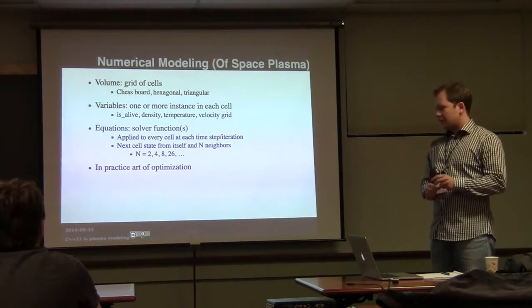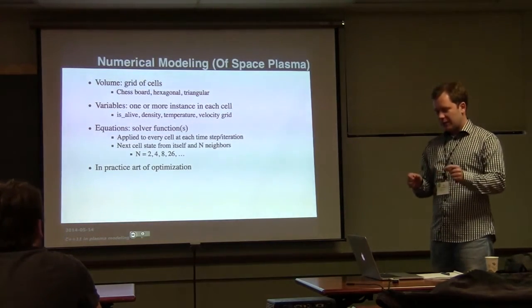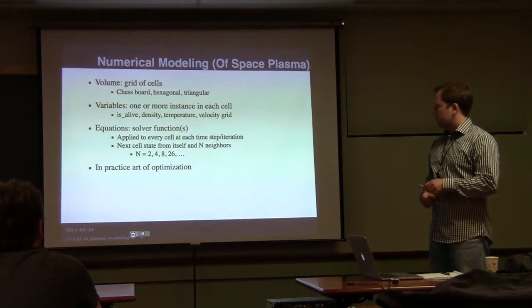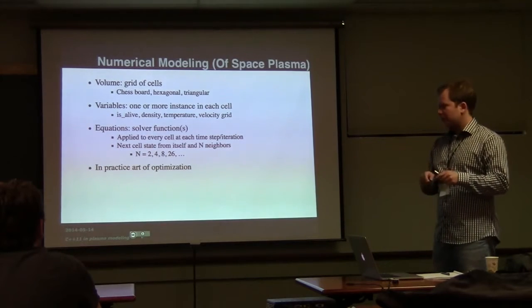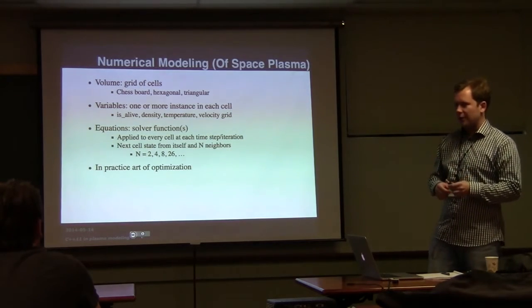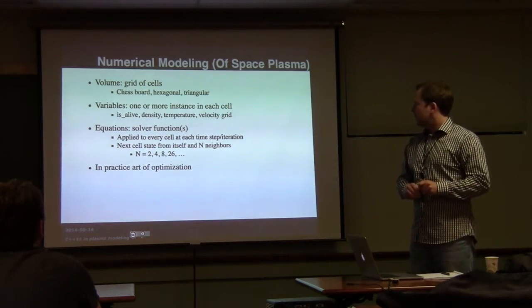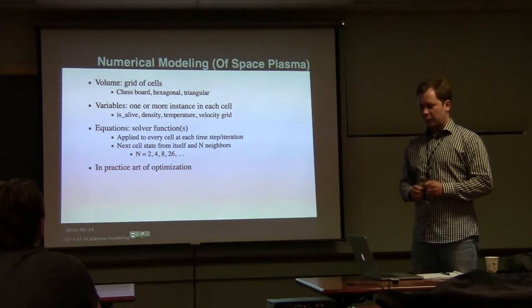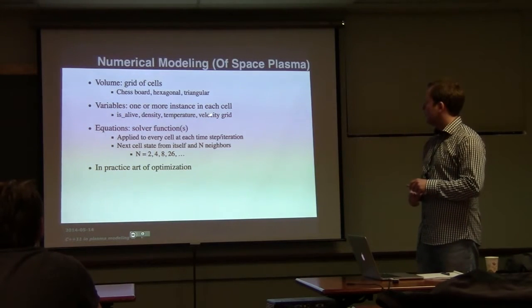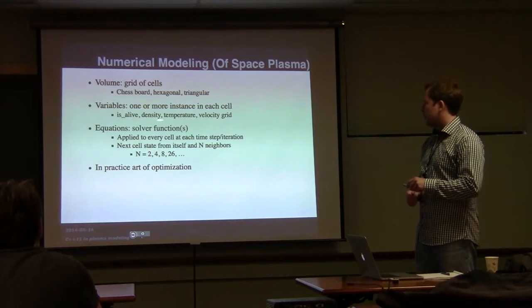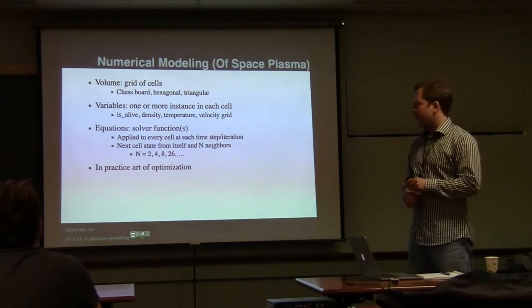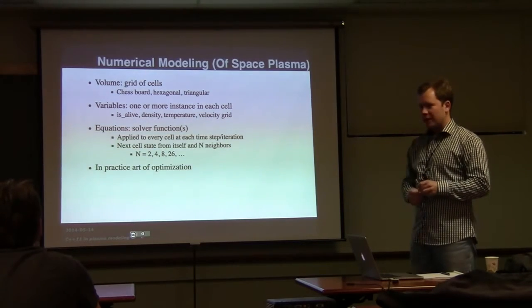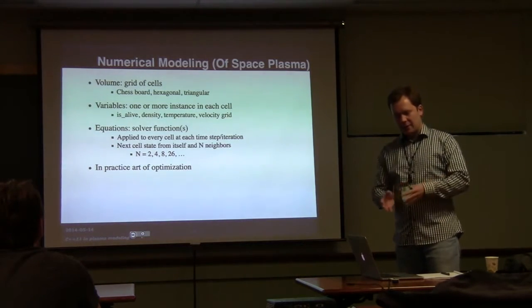So you have some volume which consists of basically cells. Well, the shape can vary, so like rectangles or hexagonal or triangular or all kinds of shapes. And then the variables are just, in each cell there is something stored. So whether the cell is alive, or the density, temperature, or the velocity space in real space.